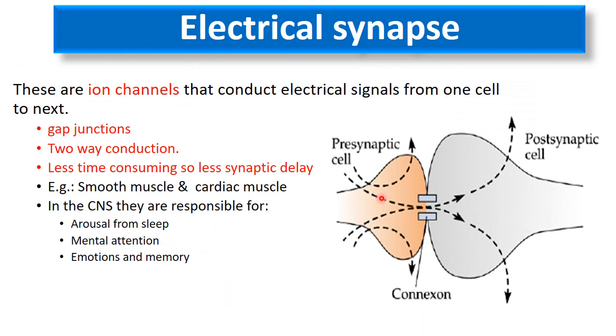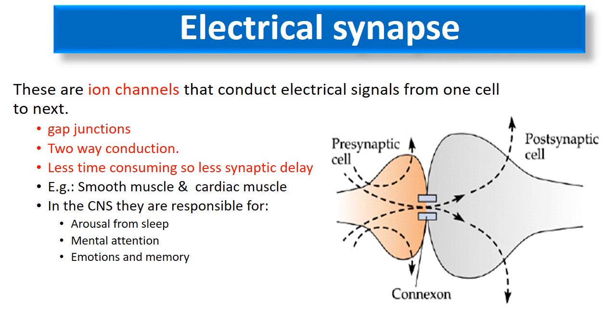Now, electrical synapses, as we have discussed before, are nothing but ion channels, and they conduct the electrical impulses from one cell to another. They are connected via gap junctions, and it's a two-way type of conduction, and it's less time consuming because the ions move directly from one cell to another cell through the gap junctions. They are mostly found, as I told you, in the smooth muscle and cardiac muscle.